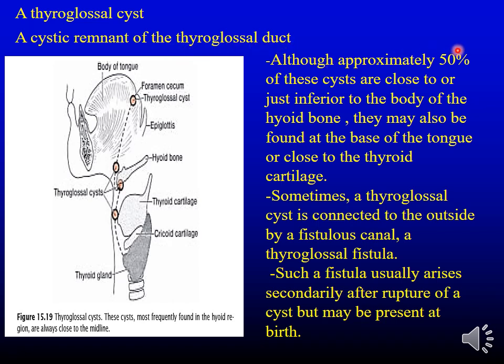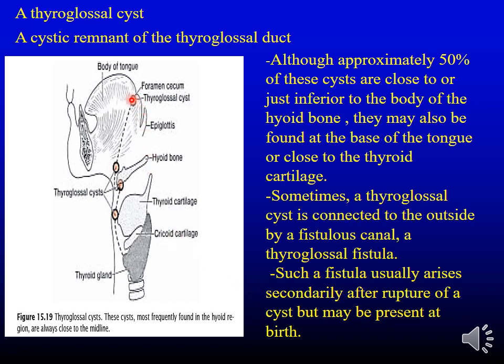Although approximately 50% of these cysts are close to or just inferior to the body of the hyoid bone, they may also be found at the base of the tongue or close to the thyroid cartilage. Sometimes the thyroglossal cyst is connected to the outside by a fistular canal, the thyroglossal fistula. Such a fistula usually arises secondarily after rupture of the cyst but may be present at birth.